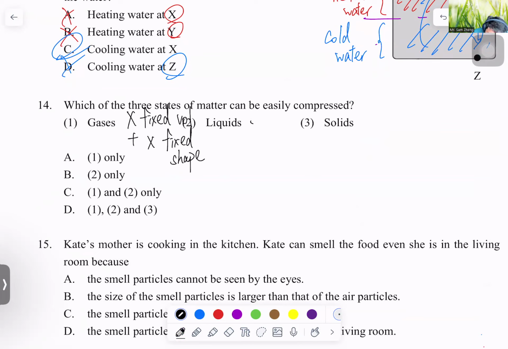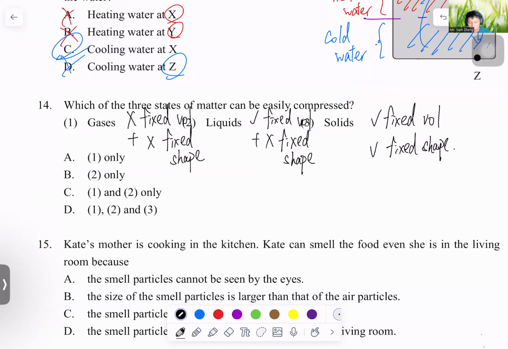Liquids have a fixed volume, while they do not have a fixed shape. Lastly, solids have a fixed volume, and at the same time they also have a fixed shape.